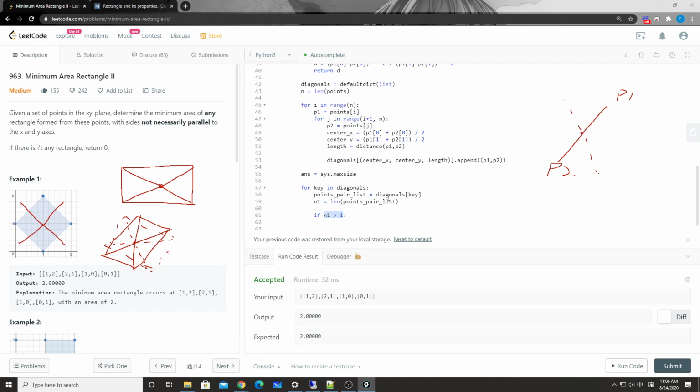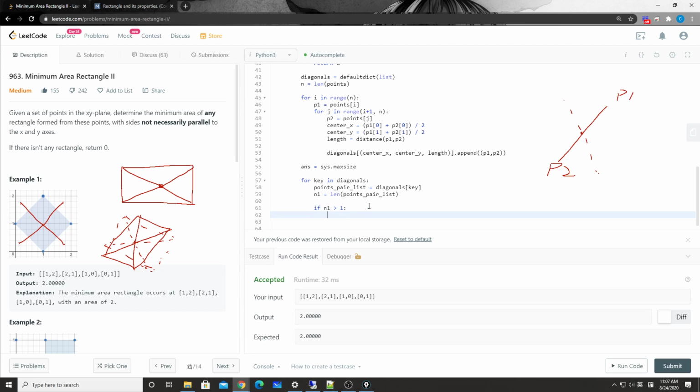That's why we check: if there's only one pair, then there's no way we can form a rectangle. Okay, so if the pair number is greater than 1, then we know we can try all the possible pairs.